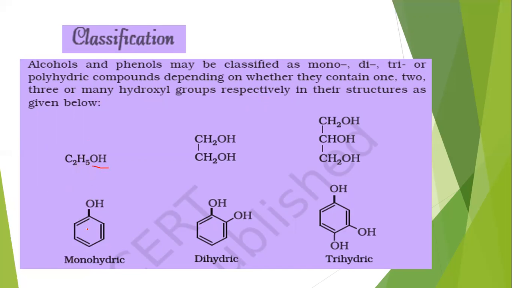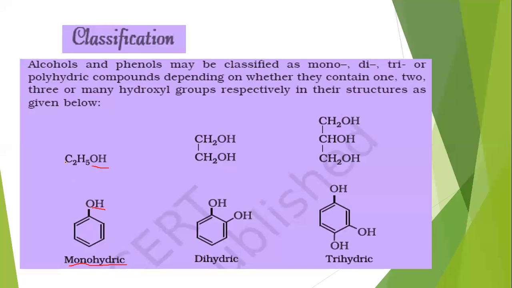Okay, this is another example. This benzene ring contains only one OH group. So they are known as monohydric alcohols or monohydric phenols. This is a monohydric alcohol and this is a monohydric phenol.